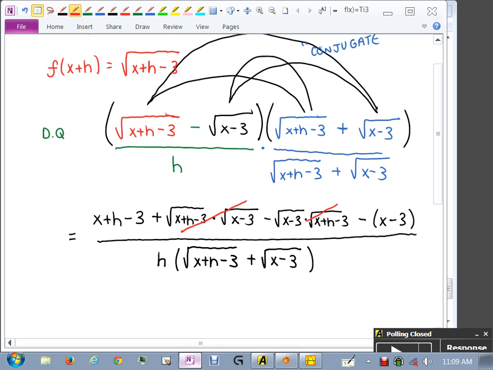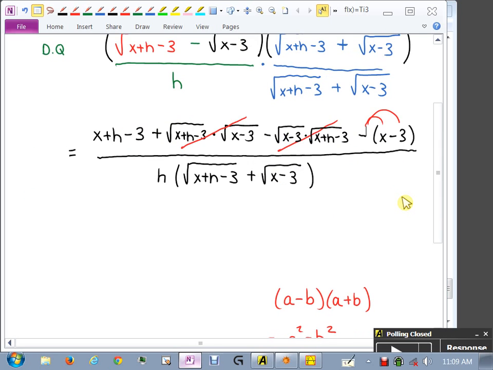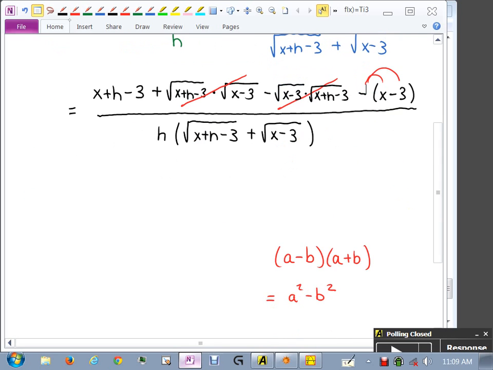These two are gone. I'm also going to distribute the negative through the parentheses over there. I'm going to rewrite everything I've got here. So x plus h minus 3. It's the first three terms. All this is gone. What's left here? Minus x plus 3. All of this over h times all that junk right there, right?